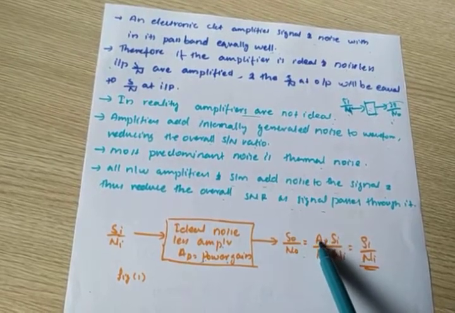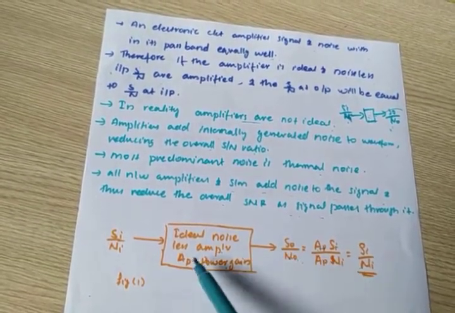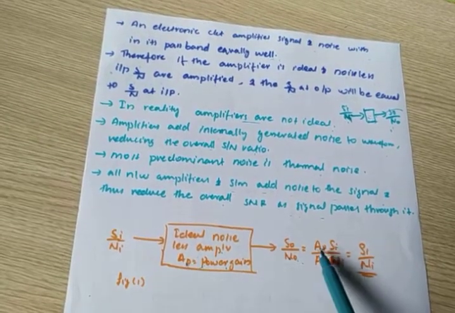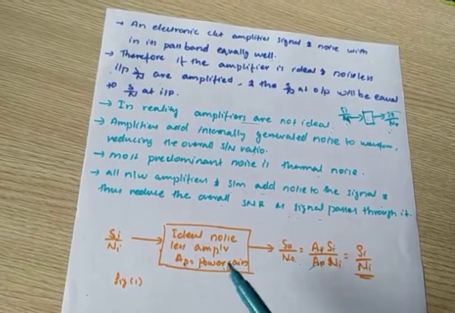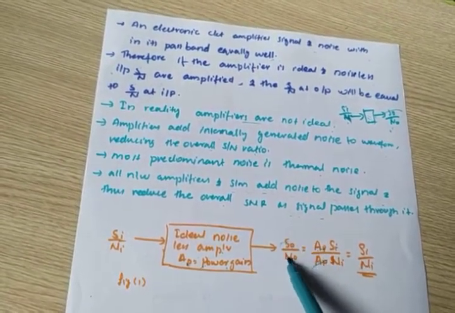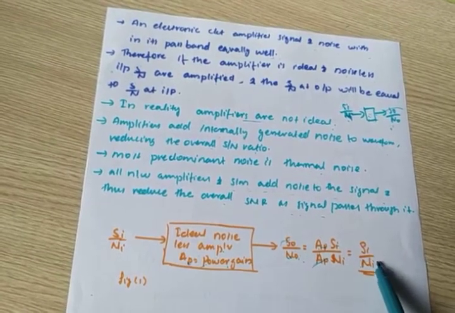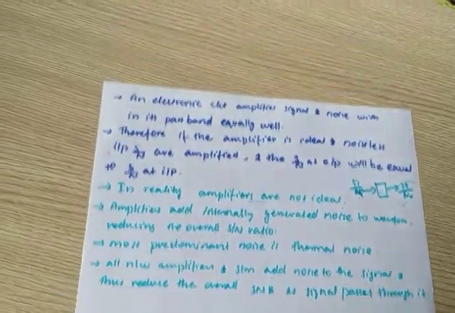S0 is 5 times Si, and N0 is 5 times Ni, where 5 here is the power gain Ap. So Ap into Si, Ap into Ni, and both these parameters cancel out. You will get Si by Ni. That means the output signal to noise ratio is nothing but Si by Ni, that is, the input only. That is why it is written like that.